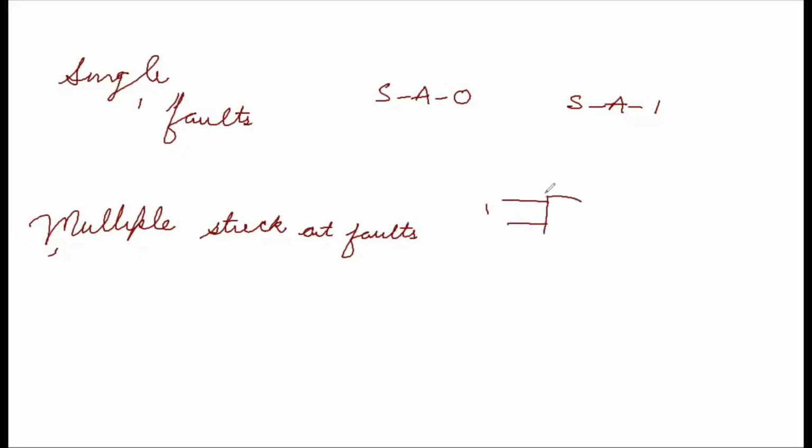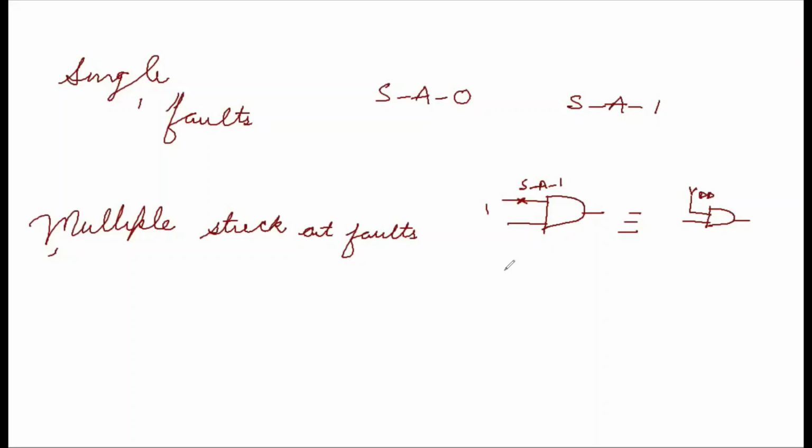So this is my simple AND gate. It has two inputs. Let's say this is the input which is stuck at 1. So I can say this is equivalent to this input being connected to your VDD voltage.